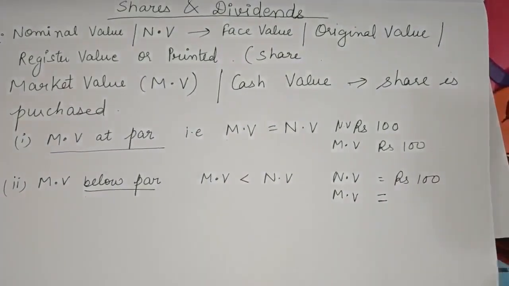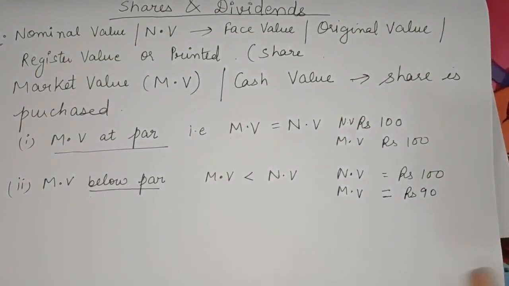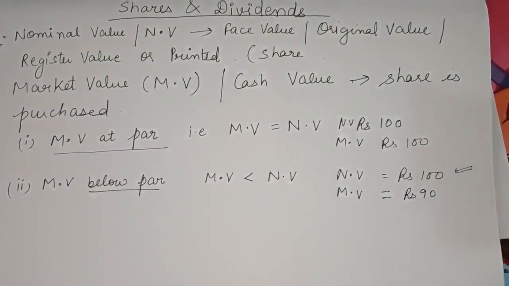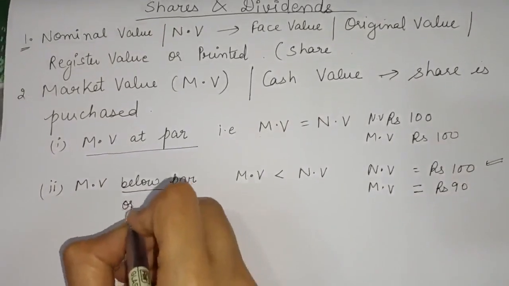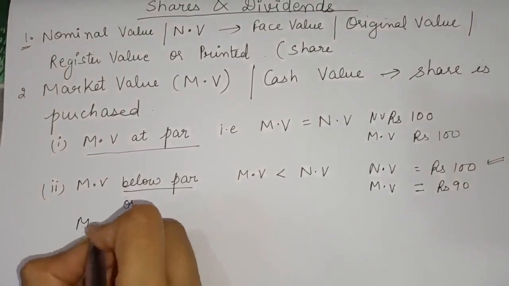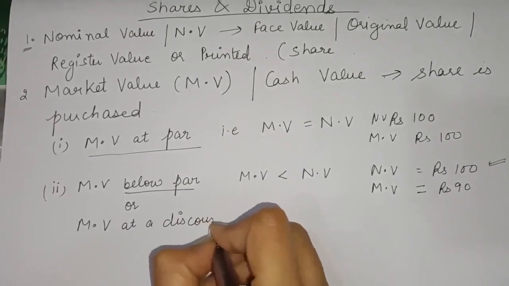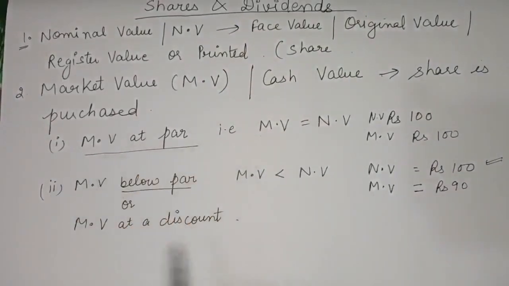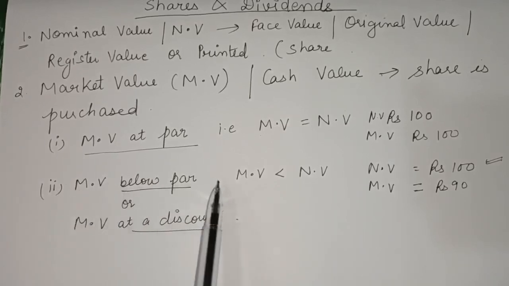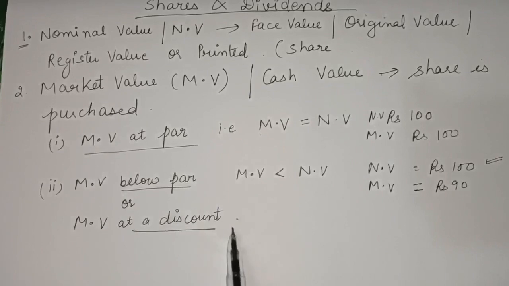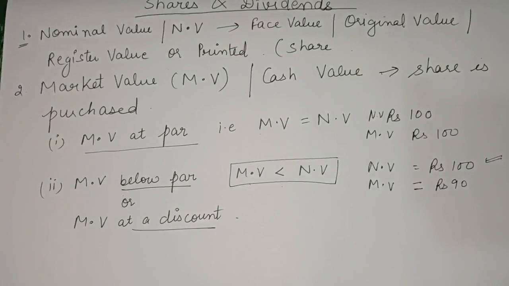Some value might be given to us, for example rupees 90 or 85 or 70, any value which is less than rupees 100. So here MV below par. Also the other terminology for this one is market value at a discount. So you will understand these terms while doing questions. So market value below par or market value at a discount, both of the things mean market value is less than nominal value.